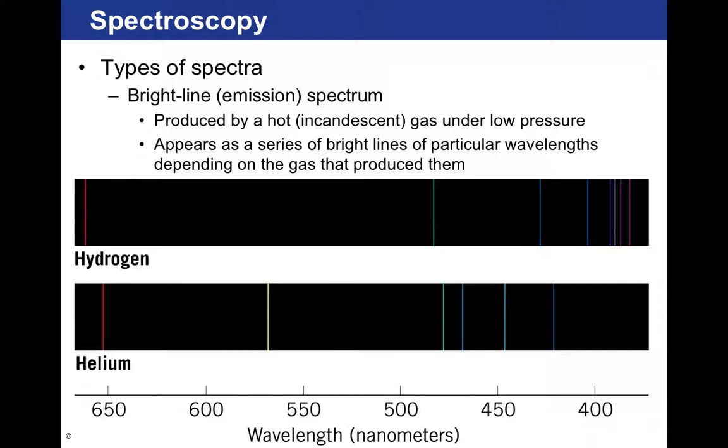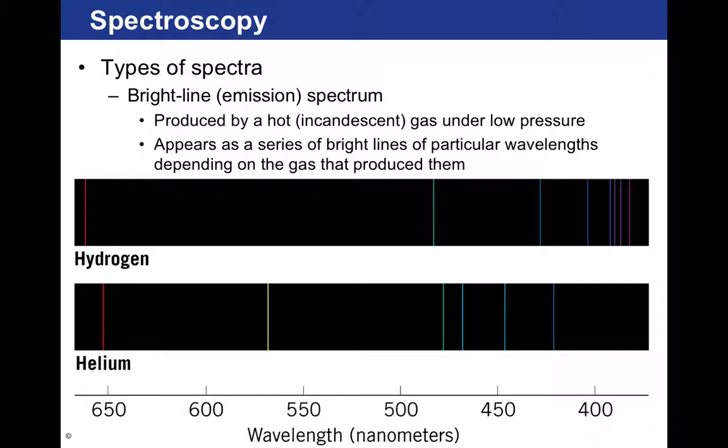This is an example of a bright line spectrum, and these will be the type that I'll show you in the demonstration. So these could be produced by a hot incandescent gas, and they appear as a series of bright lines of particular wavelengths with large black swaths between them. So these are the bright line spectrums for hydrogen and helium.